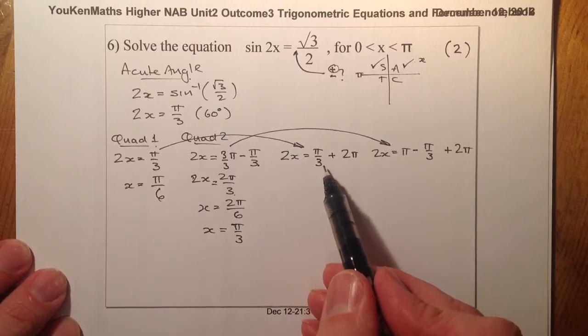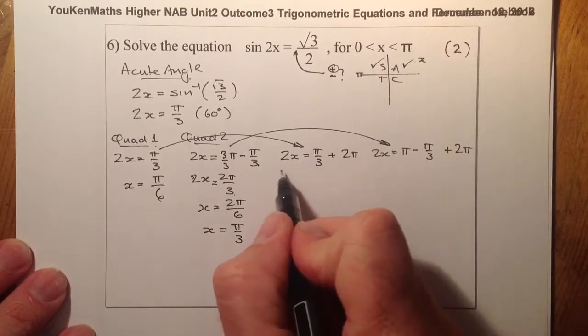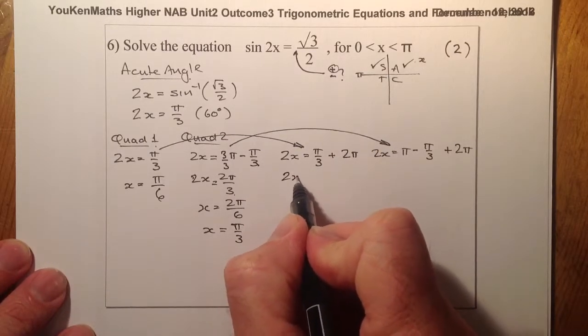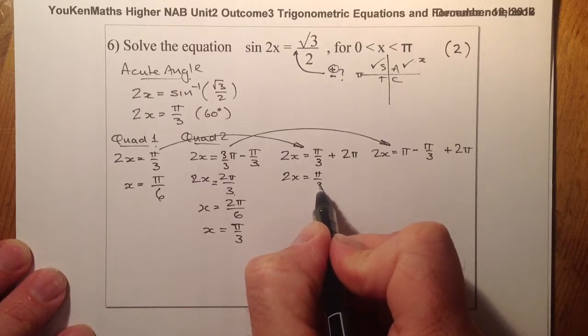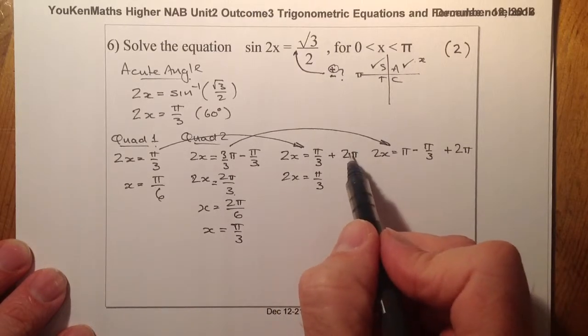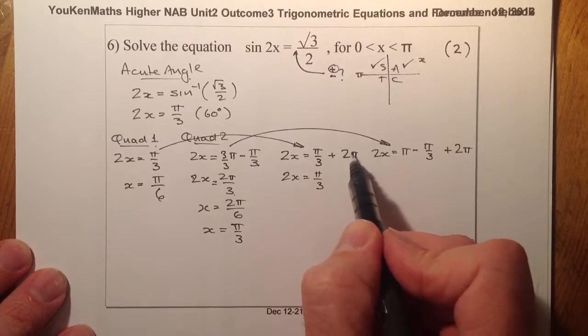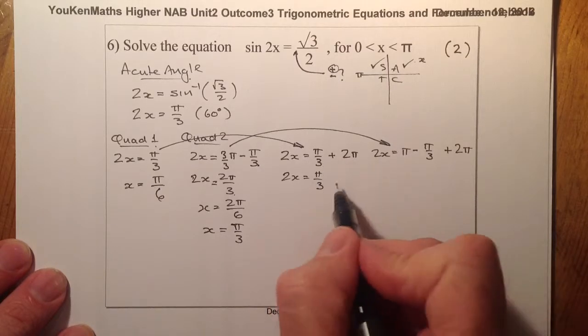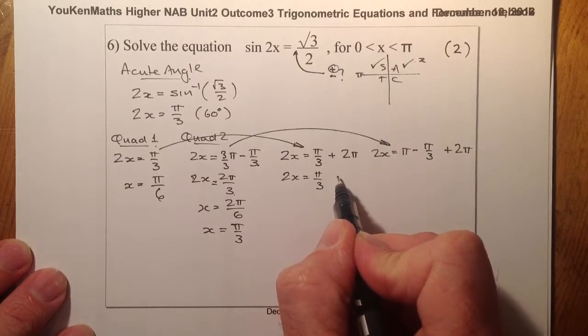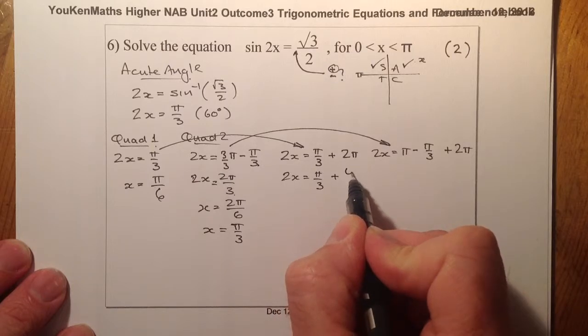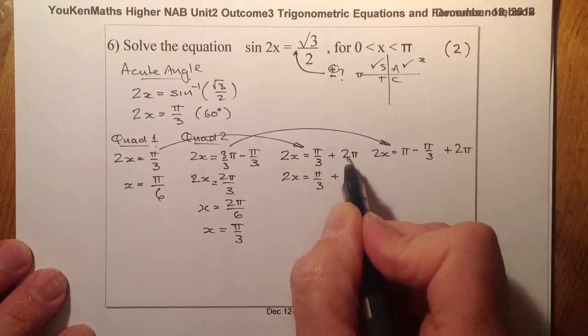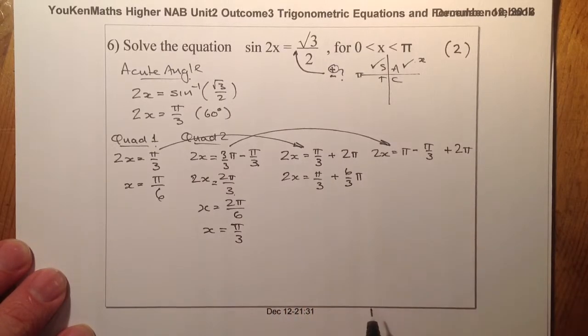If I look at my next value that's here, what I'll do is go for 2x is equal to pi upon 3, plus 2 pi, which I'll change into thirds. I'll just make that 6 over 3, because that's the same as the 2 pi.